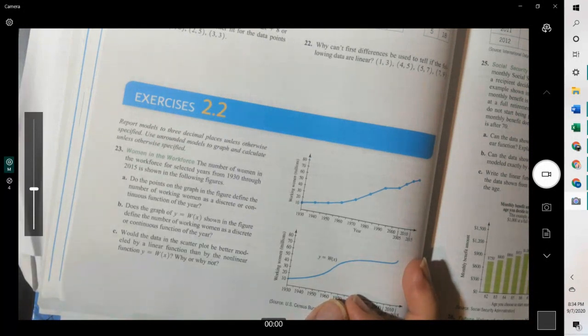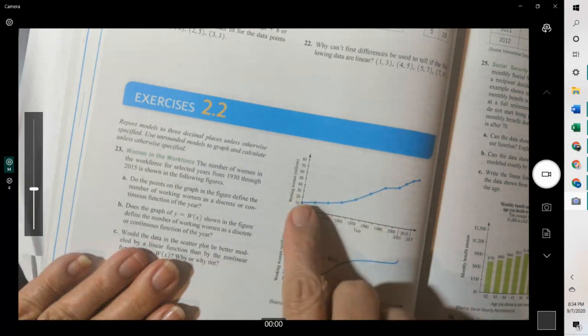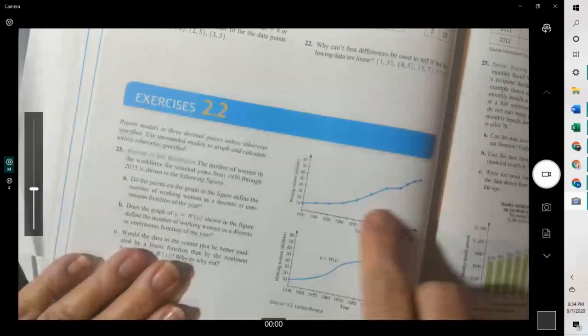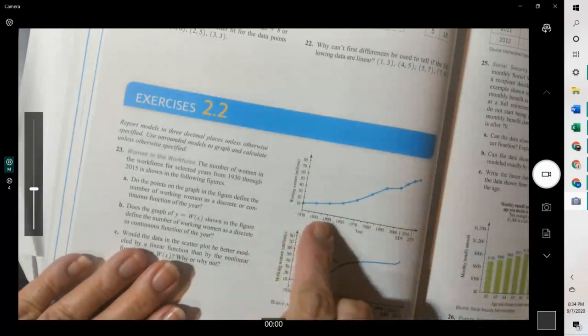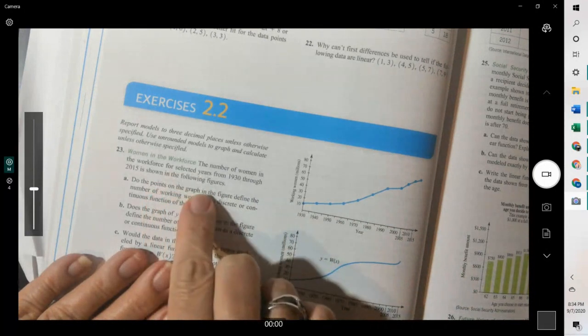So when you're talking about time, if it's counting all the minutes, seconds, the whole thing, then it would be continuous. If it's just counting on the hour, then it would be discrete. Now, when we look at this one, they have colored in points. So they connected the lines, but they're only talking about each year because it's points on the graph.